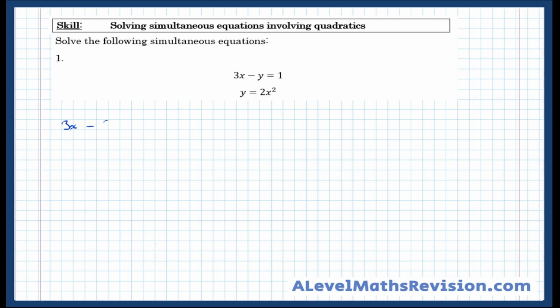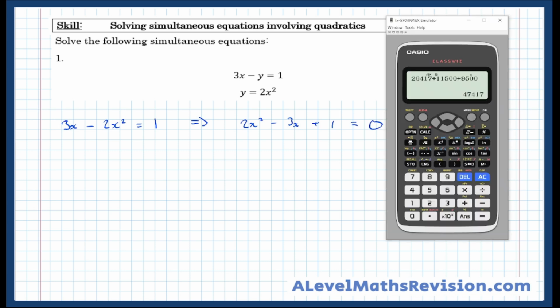So 3x, take 2x squared equals 1. And there we have it, a quadratic equation to solve. So rearranging that, we get 2x squared minus 3x plus 1 equals 0.